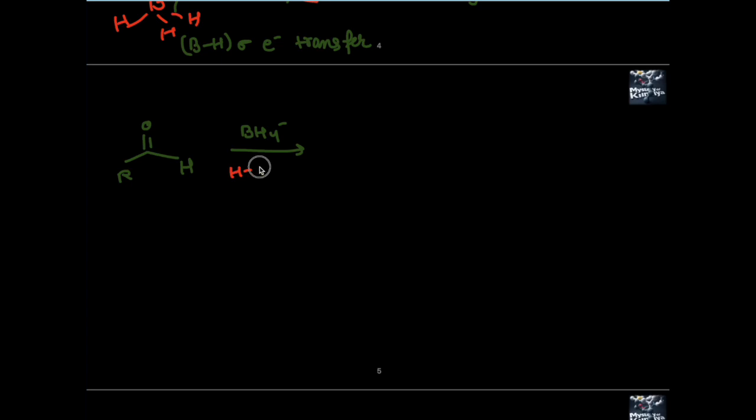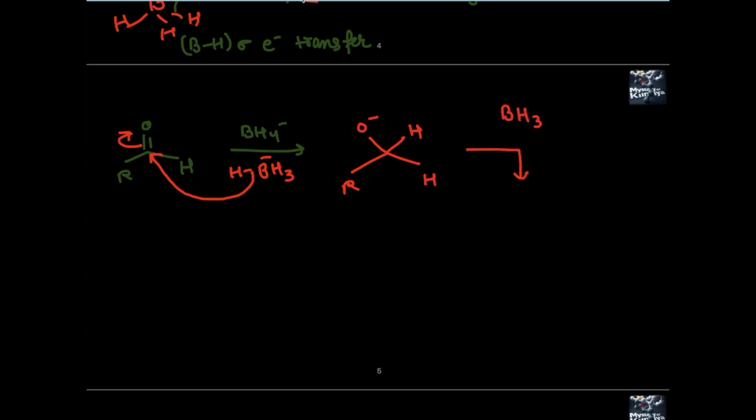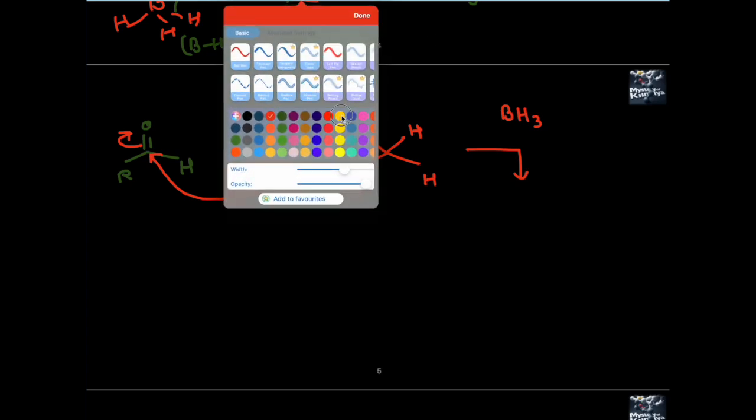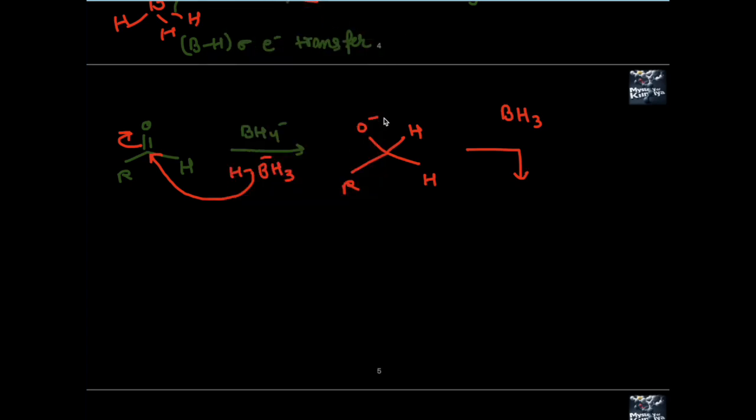Let's suppose we have hydrogen, boron, and the rest of the hydrogens here. It transfers this sigma bond to this carbon, and the pi bond breaks, leading to alkoxide formation. It will give BH3, but BH3 is also a good electrophile.